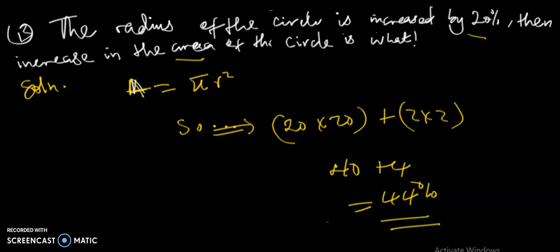And this is how we deal with the increase in the area of a circle when the radius of the circle increases by some percentage.